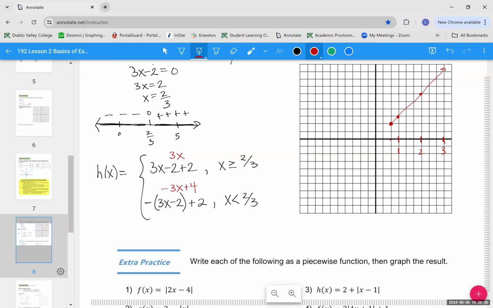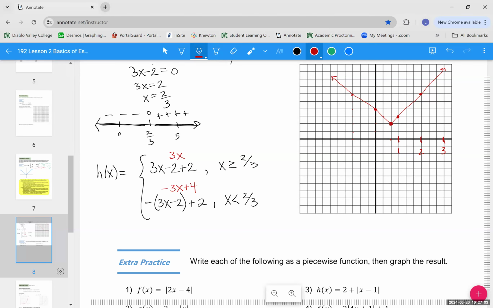So it lines up in that same spot. And then it's just going to have a slope of negative 3. 1, 2, 3. I can easily plug in 0 there. And negative 1. So it's going to be something like that for my V shape.